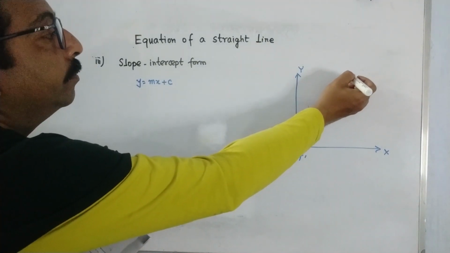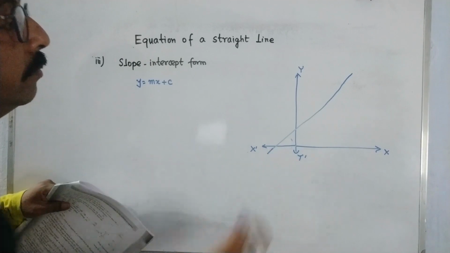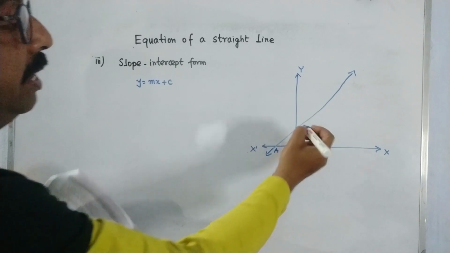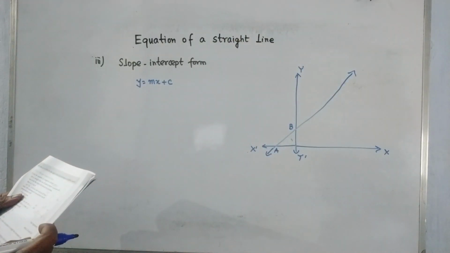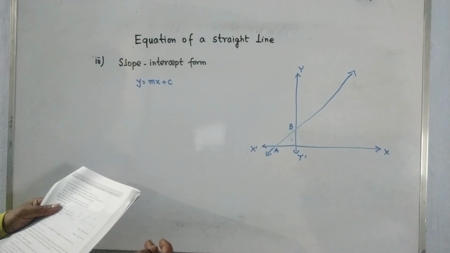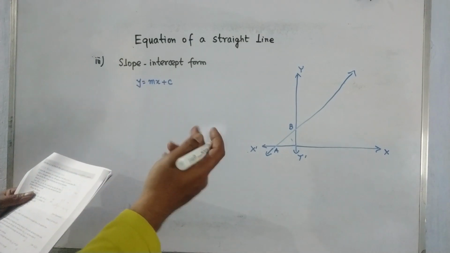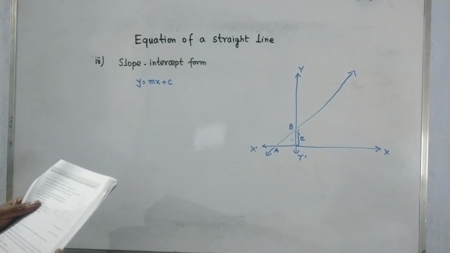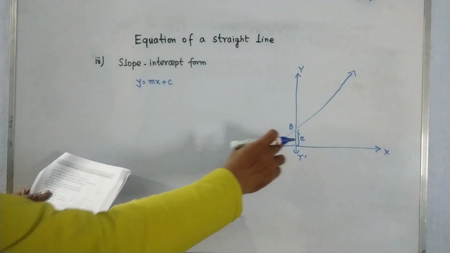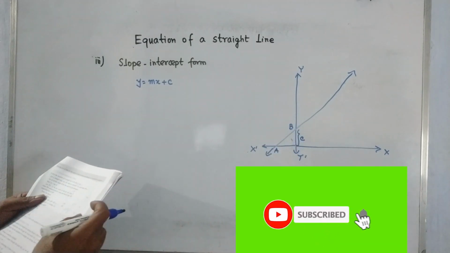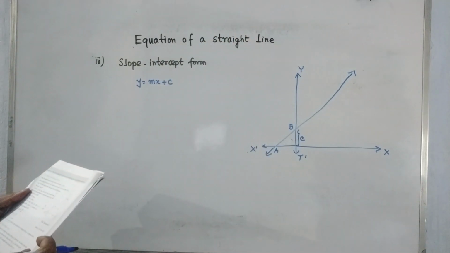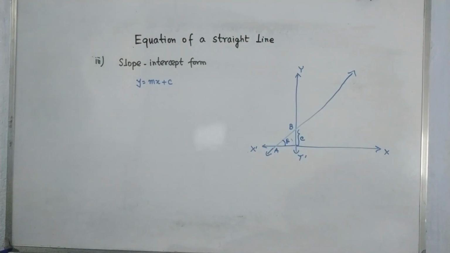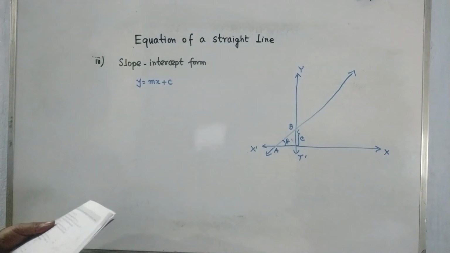Now A, B. That AB straight line makes an intercept C on the y axis, then that amount is C. The amount of intersection of the y axis by that AB line segment is C. Now this is theta, the angle of inclination.